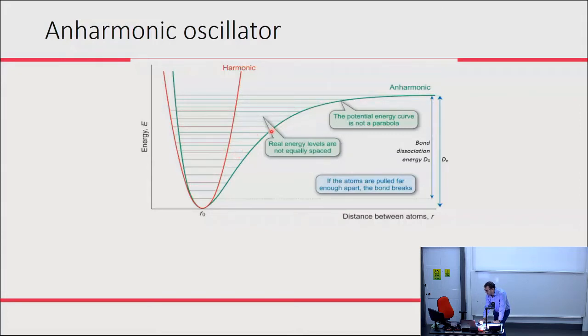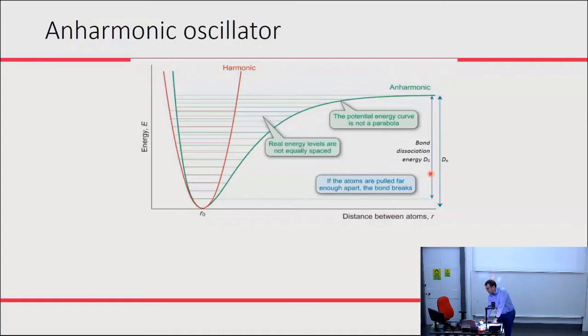And this has to be the case because we must reach a stage where the molecule vibrates so much that the bond breaks. The atoms don't come back in again. So we must have some energy where we completely release all potential energy in the system, because there is no potential energy left as the bond doesn't exist anymore. And that's called the bond dissociation energy.